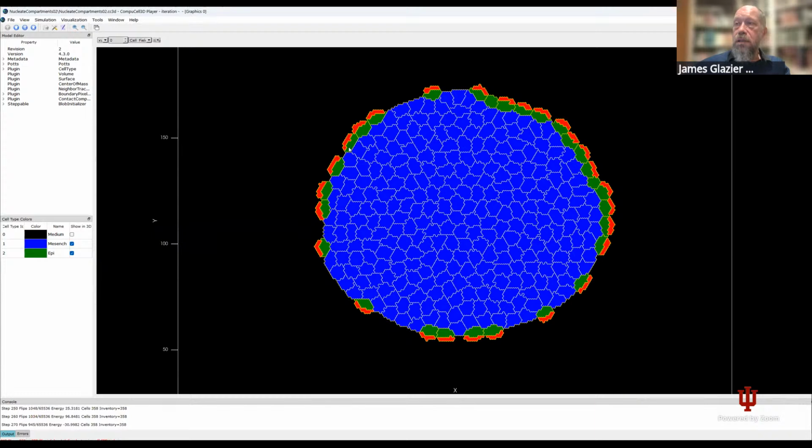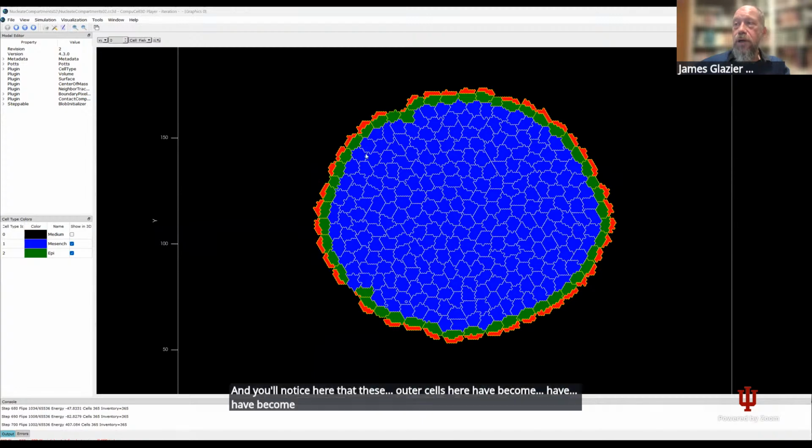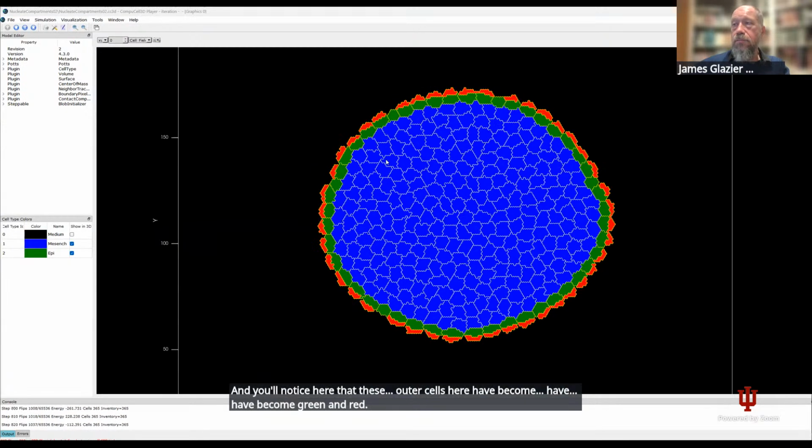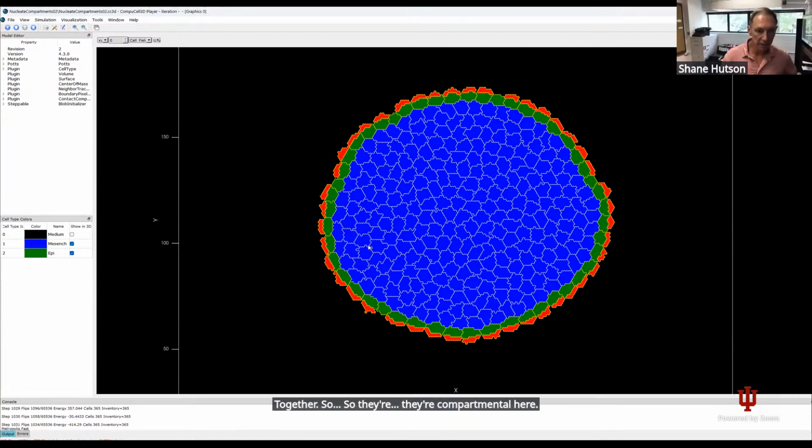And you'll notice here that these outer cells have become green and red together. They're compartmental here. You can see just a few of them are green without a red, but in a couple more Monte Carlo steps red should show up for those.